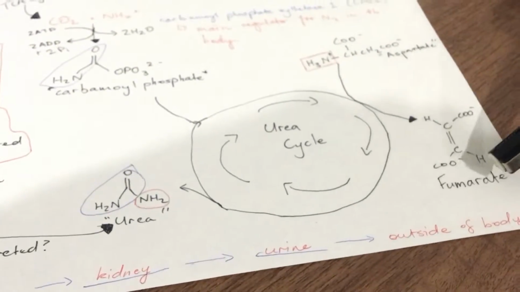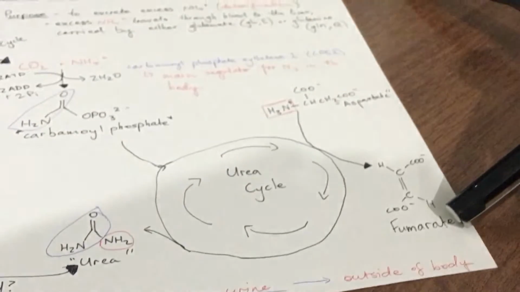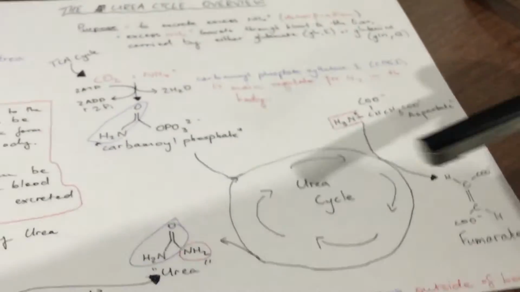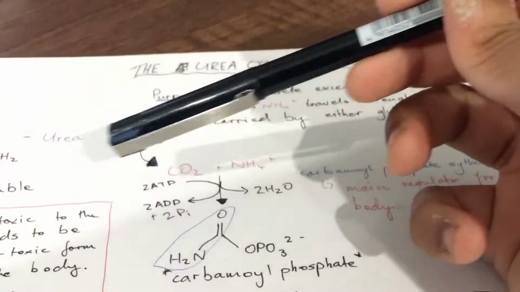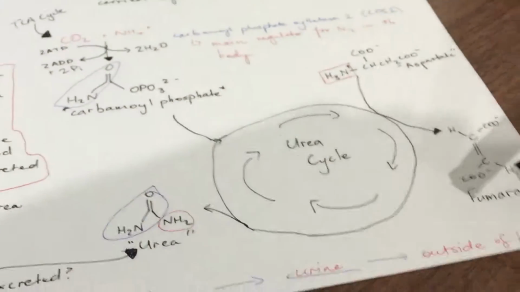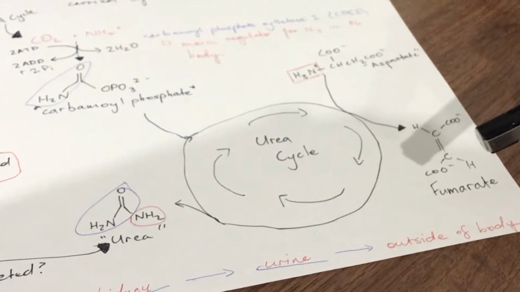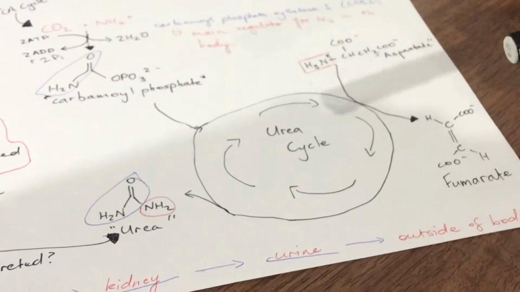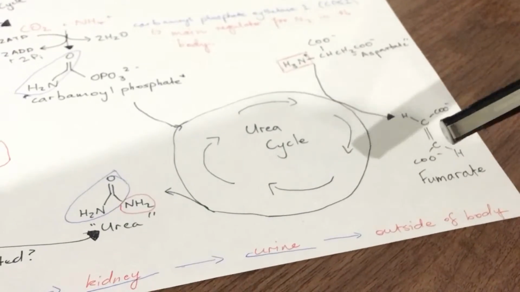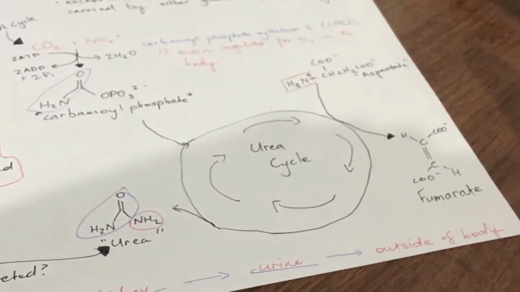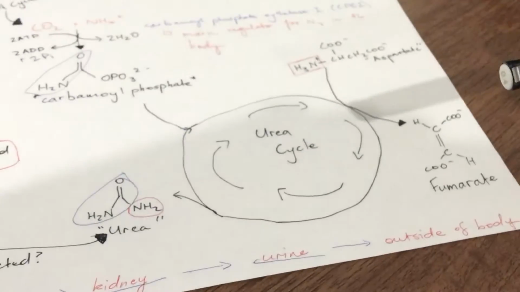Now, what is interesting to note here is that fumarate is actually one of the intermediates of the TCA cycle. So here, how interesting that we have an intermediate right at the start, and right in the middle of this, we actually have fumarate being created as an intermediate of the TCA cycle. So this can go off, and this is important because we can yield energy from this in the form of reducing NADH or FADH in the TCA cycle.